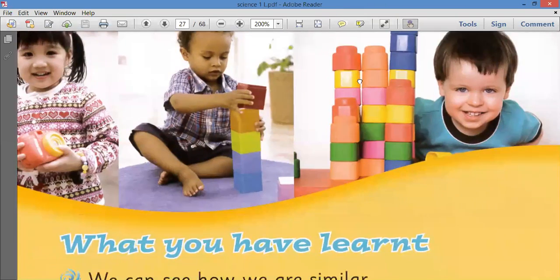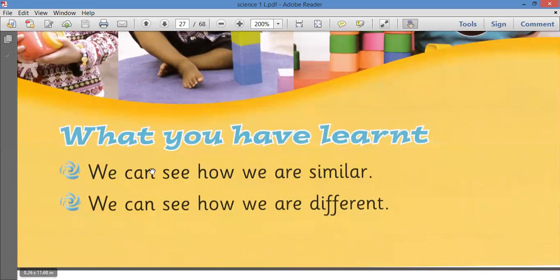Understood? What we have learned, we can see how we are similar. So, in this lesson, we have learned how we are similar and how we are different.